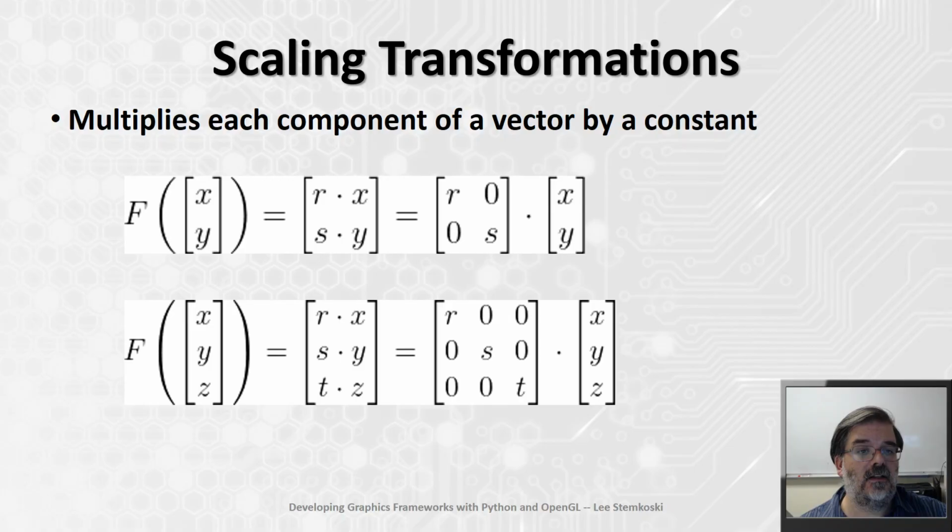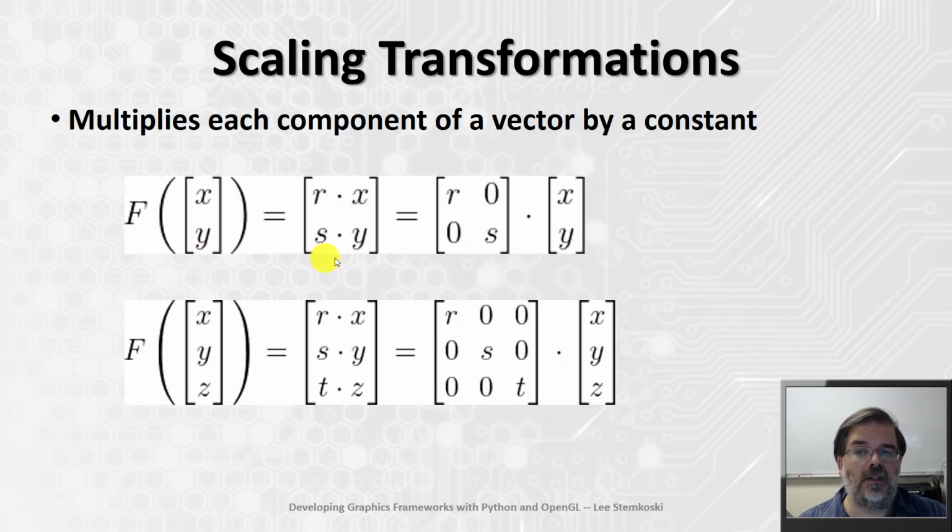So to begin, scaling matrices are pretty easy to compute. A scaling transformation multiplies every component of a vector by a constant. So for example, here is a scaling transformation that multiplies x by some value r and multiplies y by some value s.